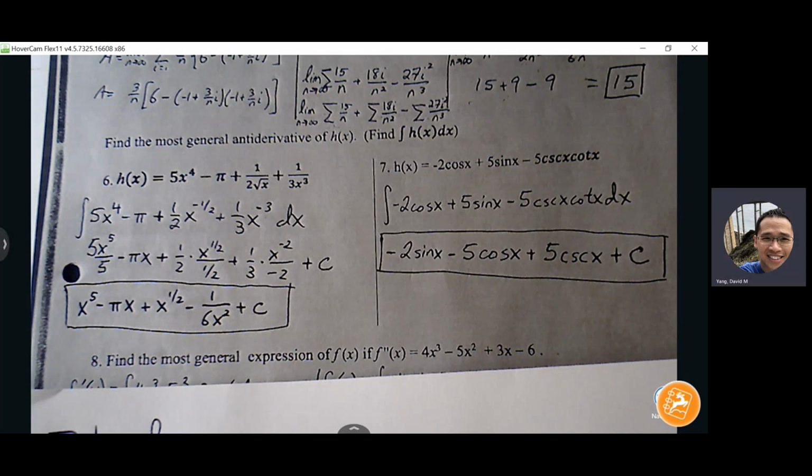Number 8, find the most general expression. So we're starting with f double prime and working our way up the chain to f prime and then eventually up to f of x.